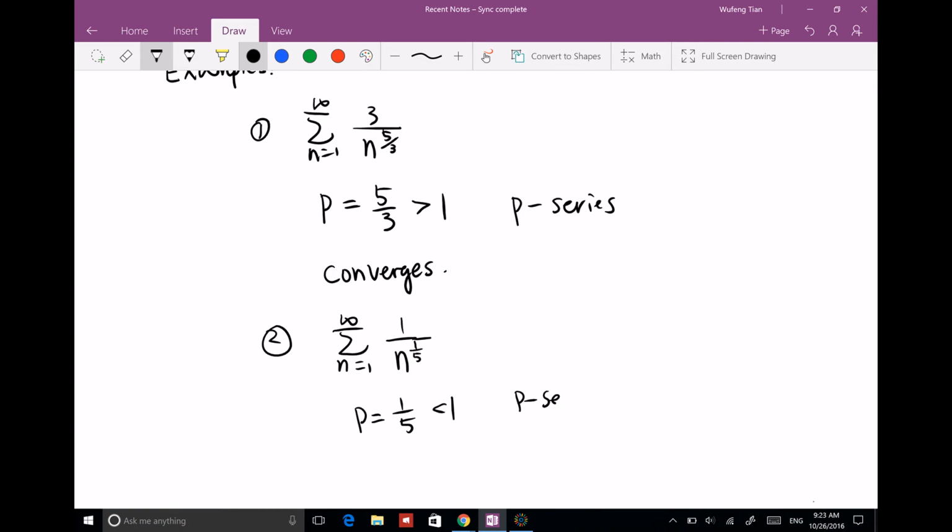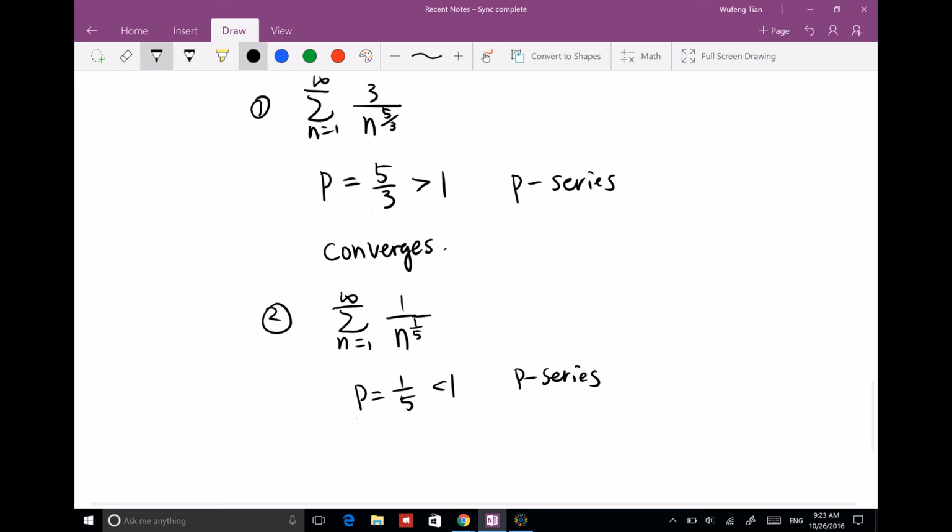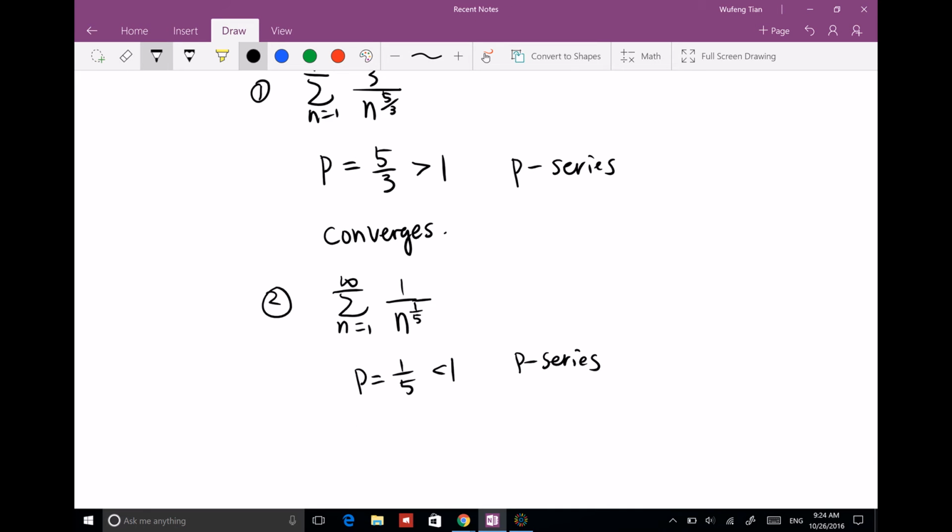So this one, this series, converge? Yep. Less than 1 it converge? Oh, it diverges. Oh, it diverges, right. It diverges. Okay.